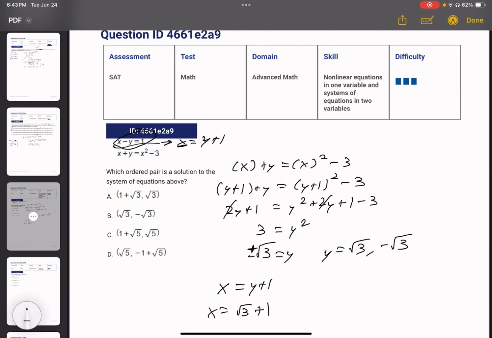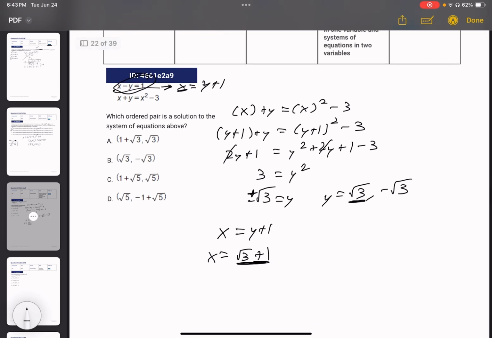So now we know that this and this creates a coordinate point of square root of 3 plus 1, comma, square root of 3.